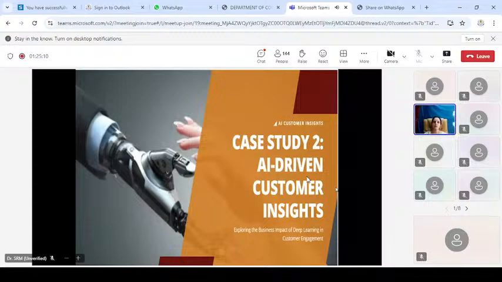What Netflix does is by analyzing our viewing history, our search queries, and the time that we spend on different genres, the DL algorithms of Netflix generate highly personalized recommendations. Haven't we experienced this? Yes, of course.